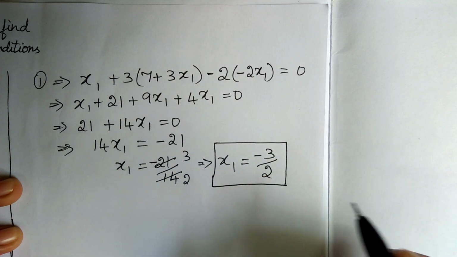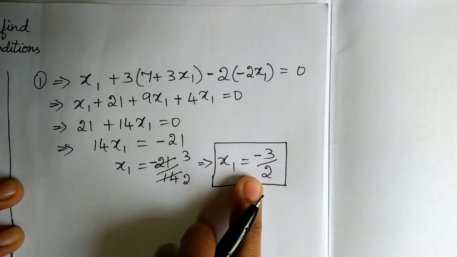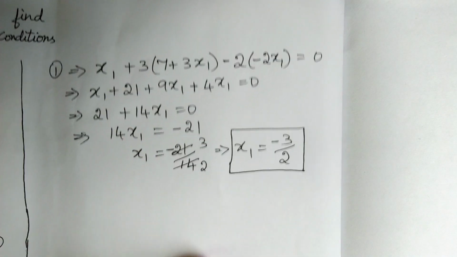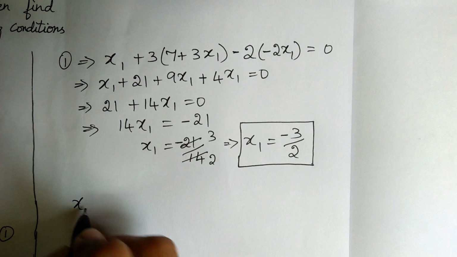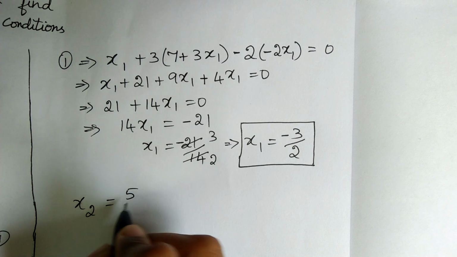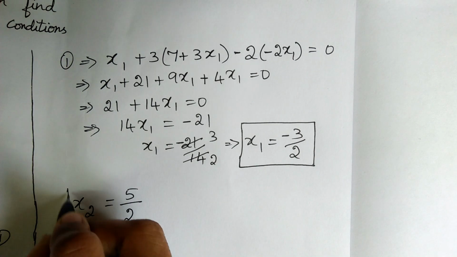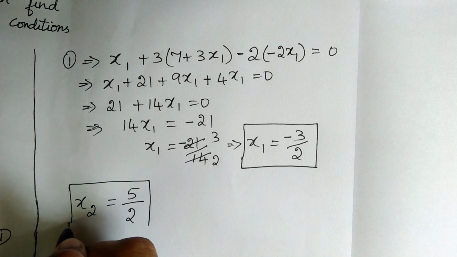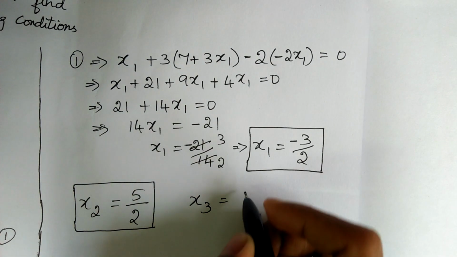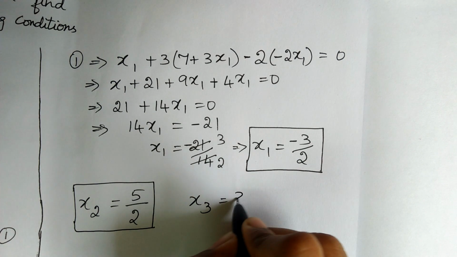Now with the help of the value of x1, we can find the values of x2 and x3. The value of x2 then becomes 5 by 2, and the value of x3 is equal to 3.